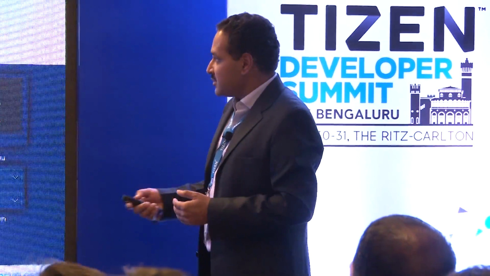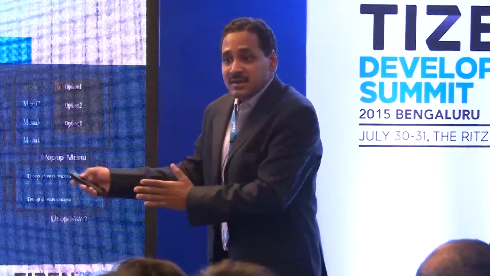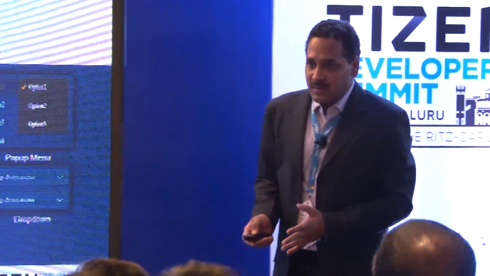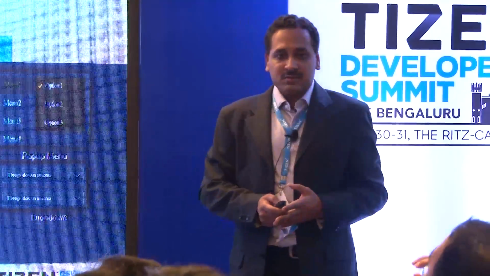Now let's see what kind of web UI controls Caph offers. Caph offers you web and accelerated UI controls like list, DOM HTML, layout with respect to list and tabular part.